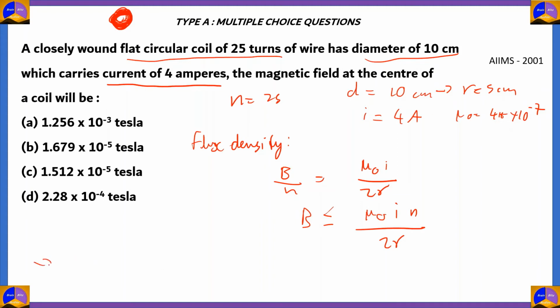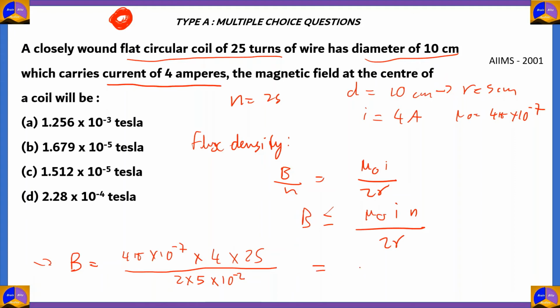And then let's plug in the values. So the value of magnetic field will be mu naught, which is 4 pi into 10 raised to minus 7, times the current, which is 4 amperes, times N, which is 25, divided by 2 times 2 into 5. So we usually write it as into 10 raised to minus 2.